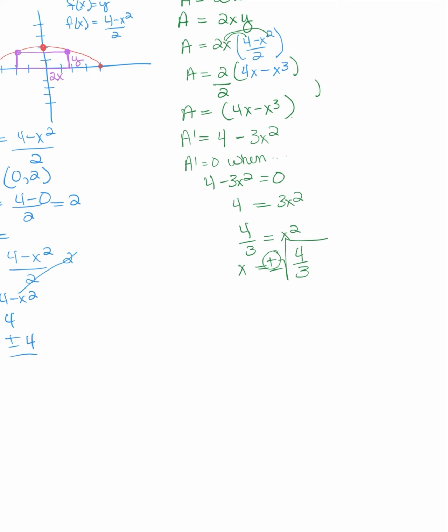Can't have a negative dimension. All right, so x equals, well, square root of 4 is 2 over square root of 3, which I think is like 1.7 something, but it's easier just to write as 2 divided by square root of 3. Okay, so we'll put a star here.